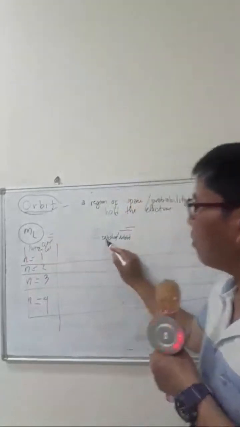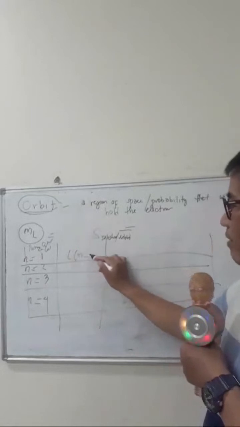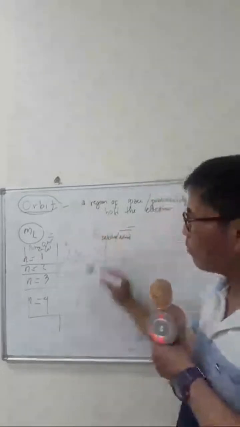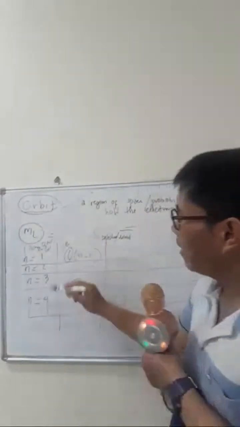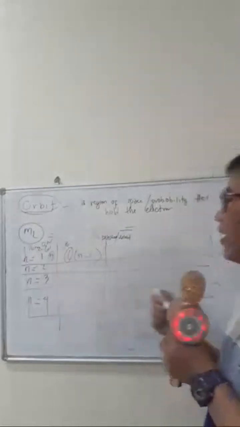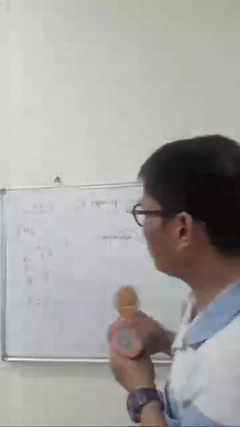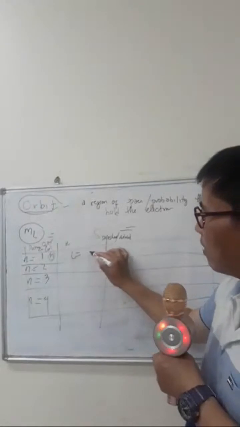In the second column will be our azimuthal L, which is n minus 1. This is the azimuthal or angular momentum quantum number. So let's put L here and here. Now n minus 1: 1 minus 1 is equal to 0, so our L here is 0.